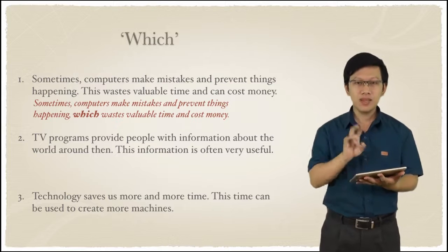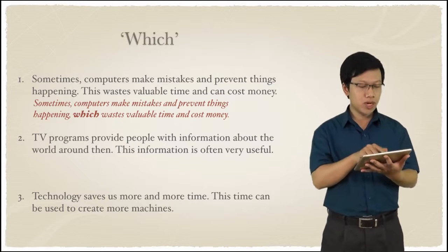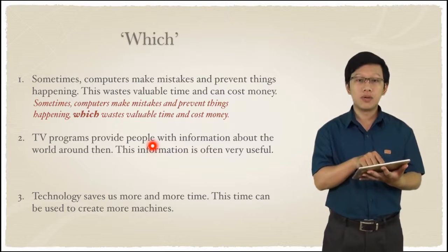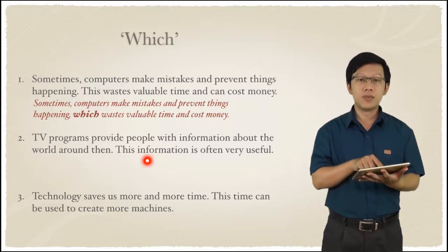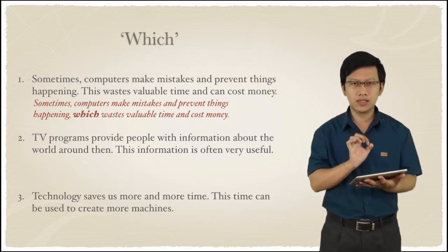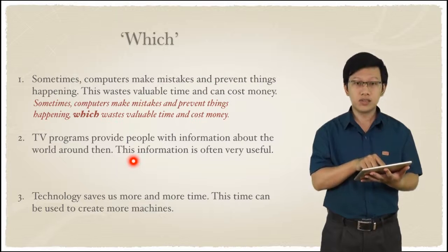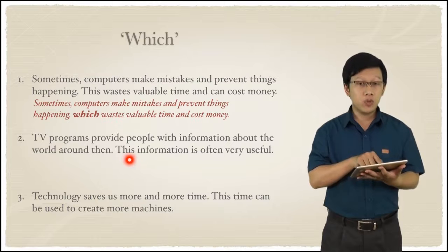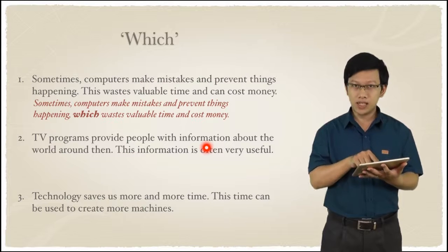Second sentence: TV programs provide people with information about the world around them. This information is very useful. What is the relation between the two sentences? People with information, this information. And so, we're going to use which to replace the word information.